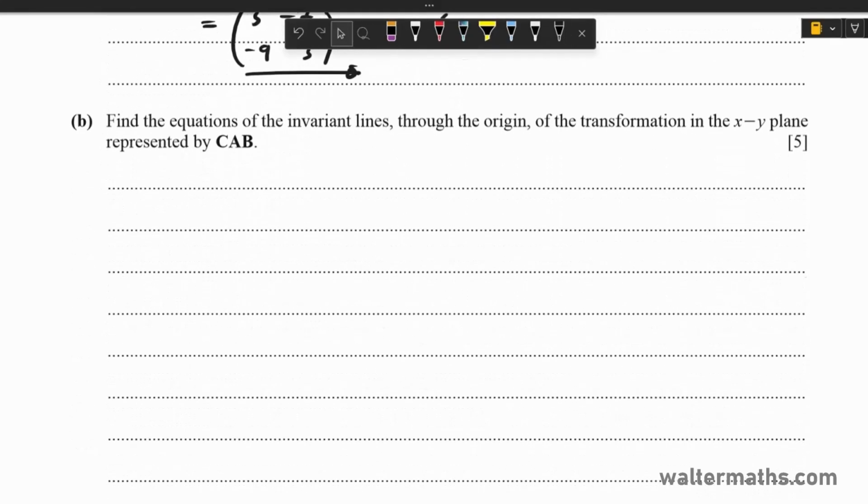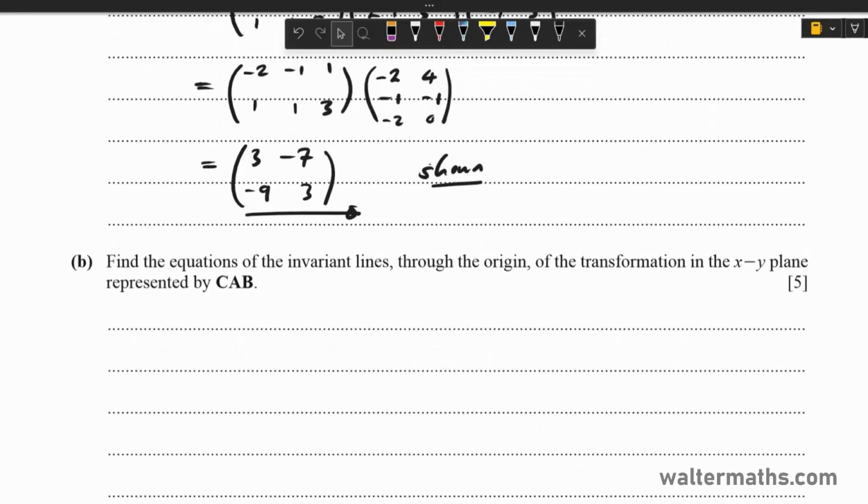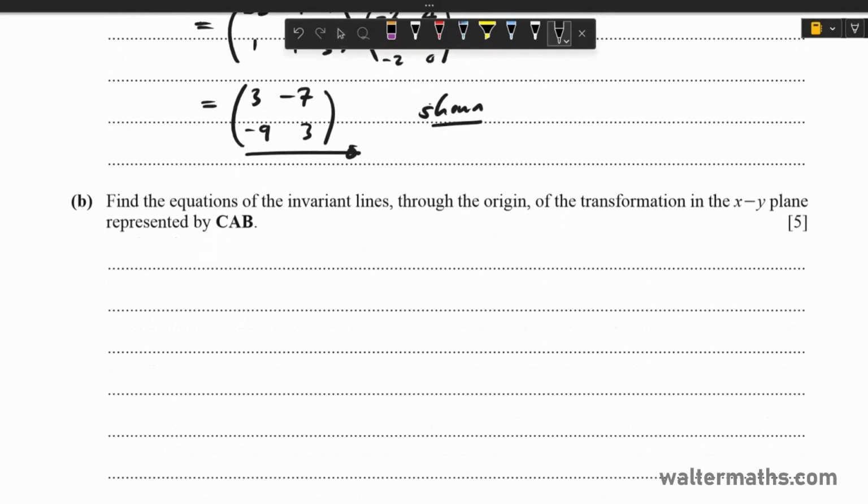It says, find the equations of the invariant lines through the origin of the transformation in the xy plane represented by CAB. CAB is the transforming matrix, and it is the matrix that we got above. So basically 3, minus 7, minus 9, 3, multiplying a set of points, giving us an image like this.